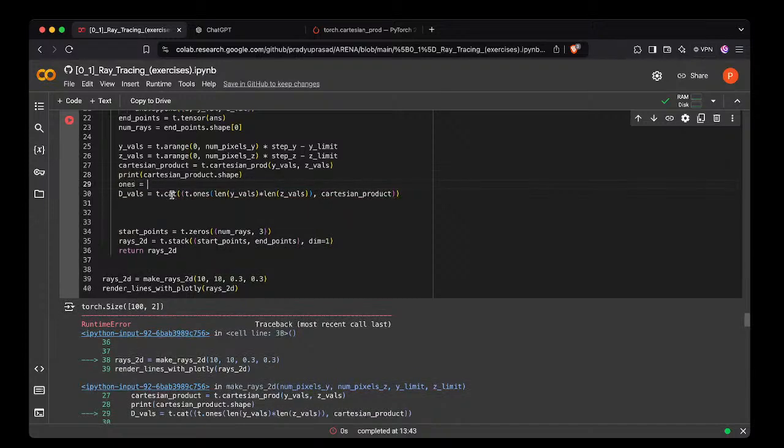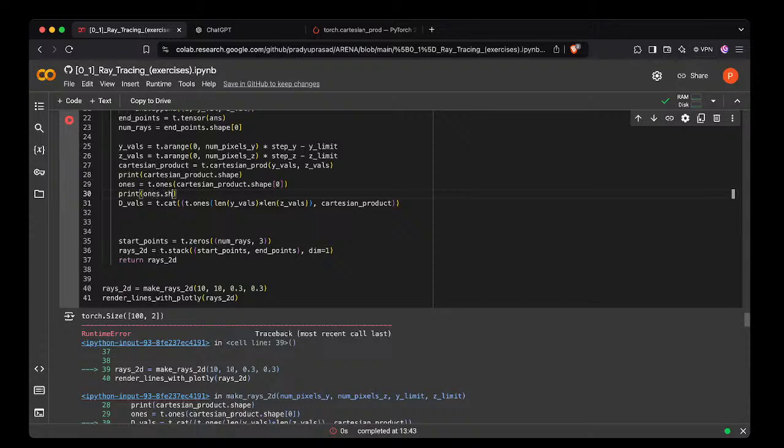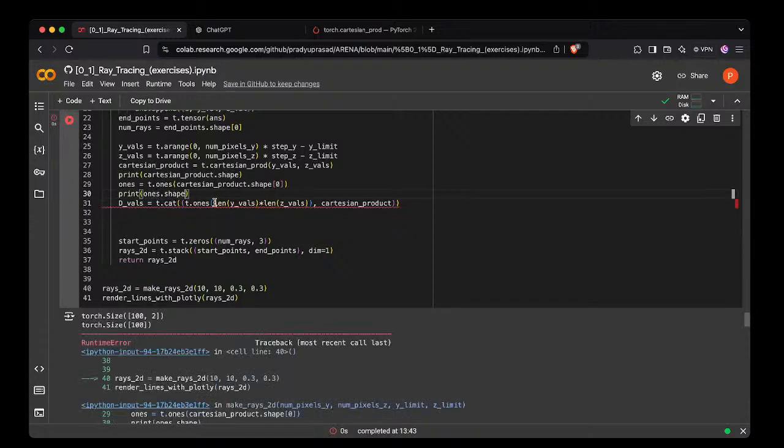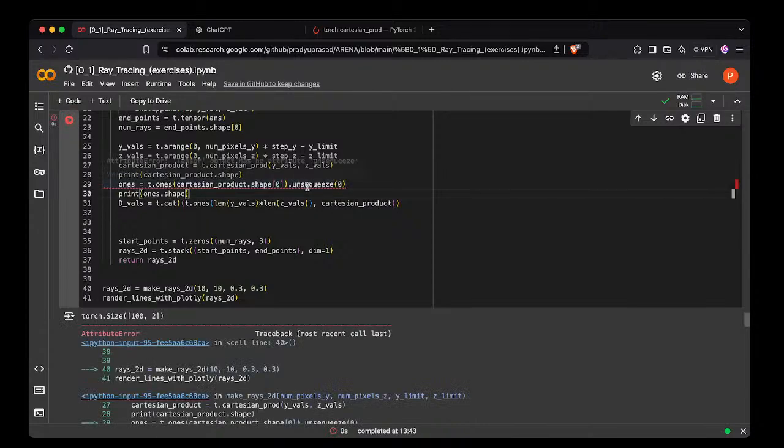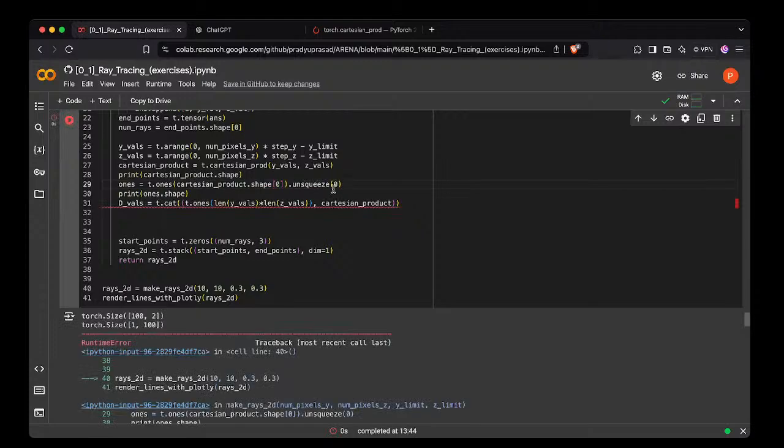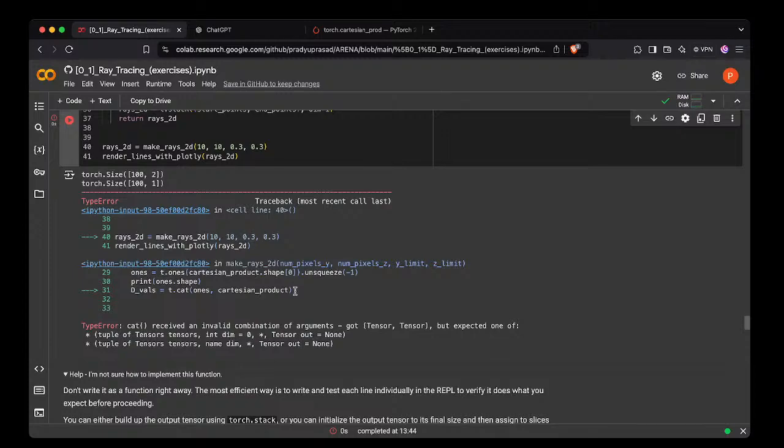Ones equals cartesian_product.shape[0]. What's the issue here?